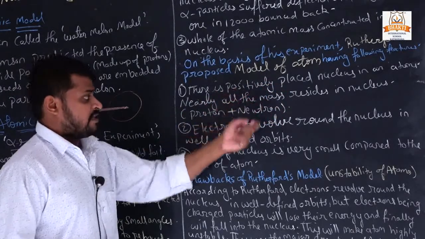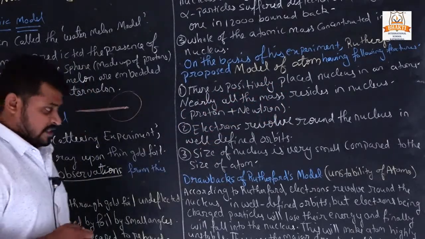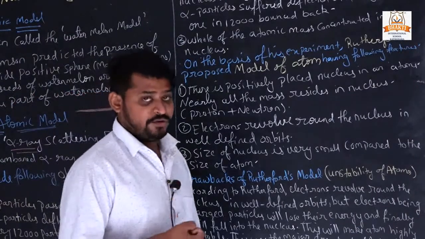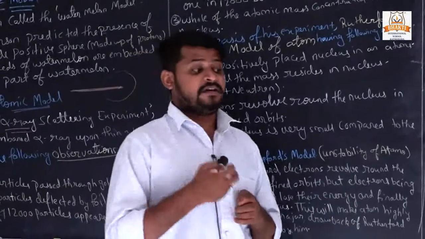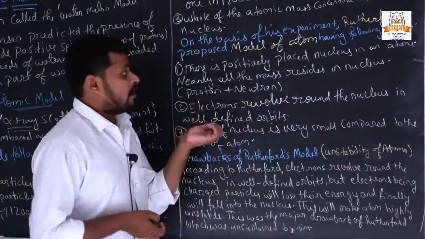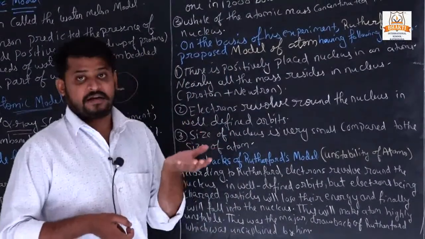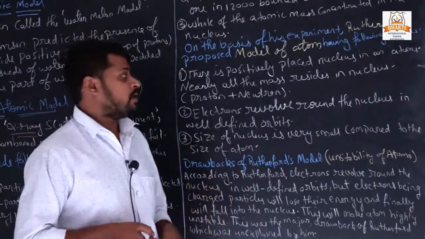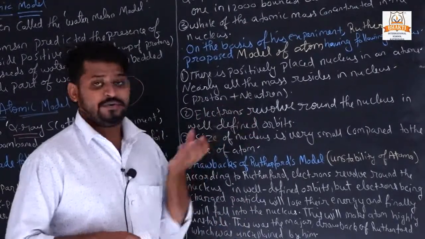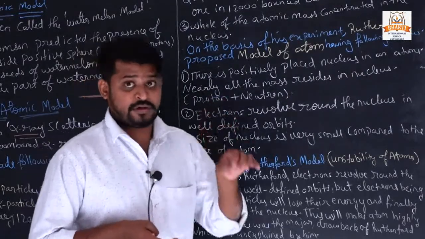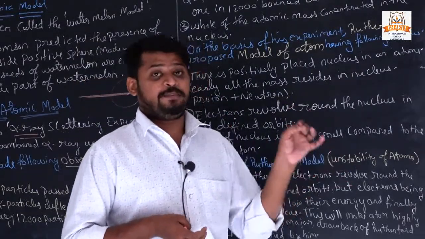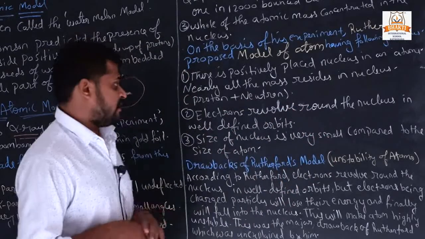Nearly all the mass resides in the nucleus, proton plus neutron. Rutherford told us that the total mass of the atom is equal to the mass of the nucleus, which is positively charged.